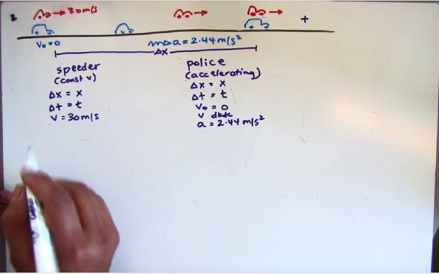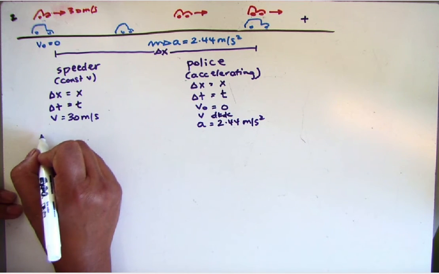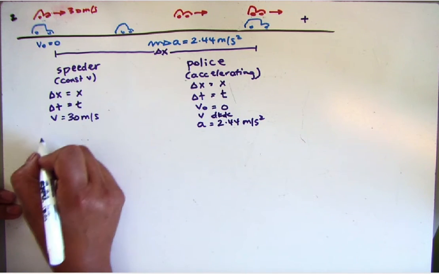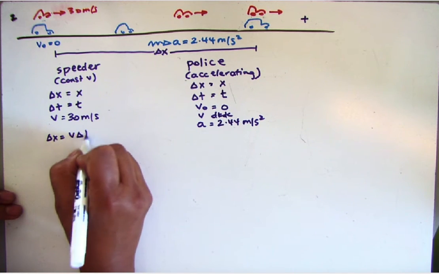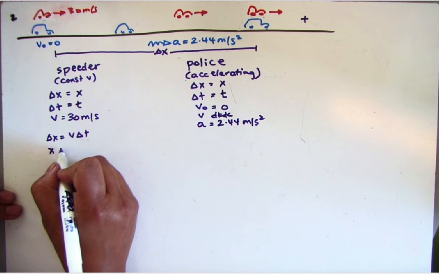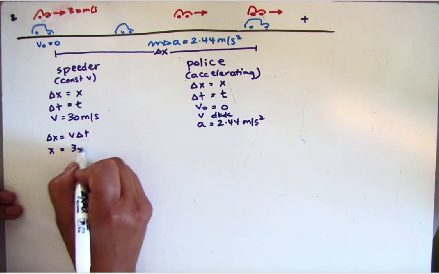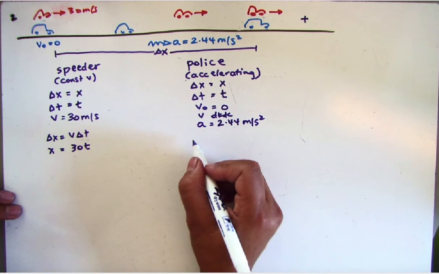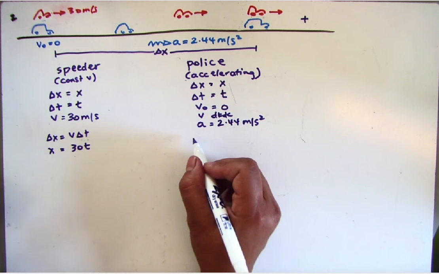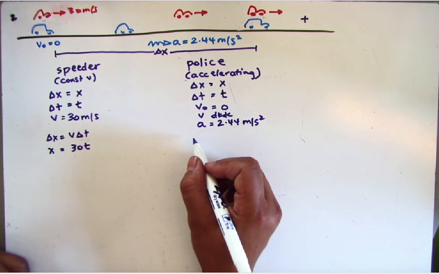Now, we can set up our equations. I don't know these variables, but I do know that delta x equals v delta t, so I can just write this equation as x equals 30t. Two variables, one equation. But it's not terrible because we have another equation we can generate here.